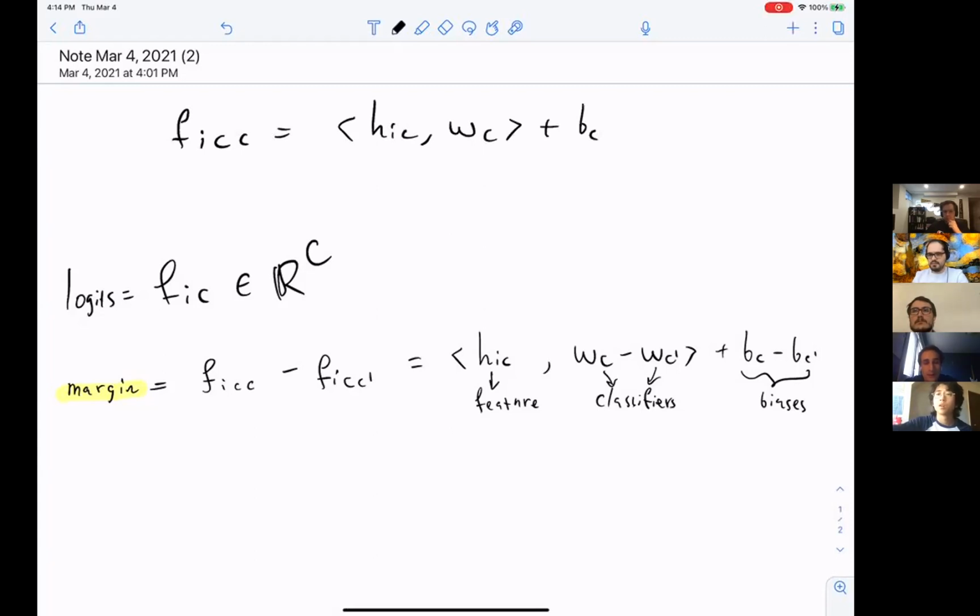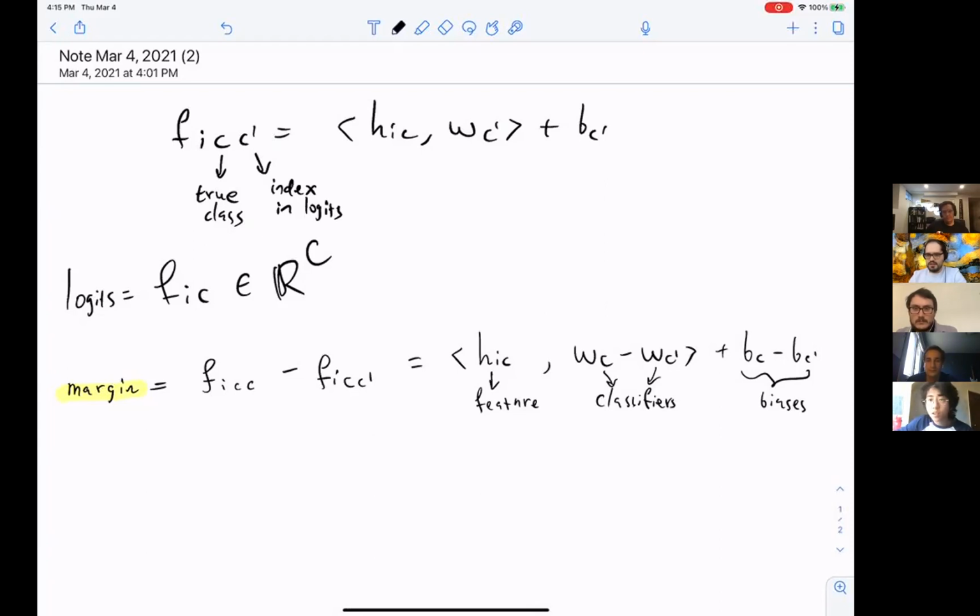So it's basically the prediction of the cth class for an example that actually belongs to the class c. So the first c is the true class, right? The second c is an index in logits. So in general, you would have f_icc' where this would be c' and this would be c'. Does this make sense? Yeah, thank you very much.